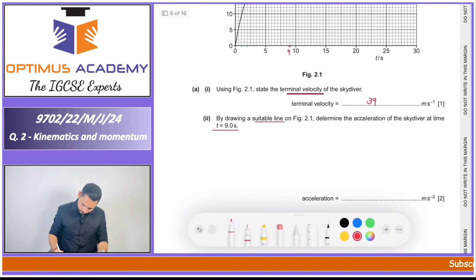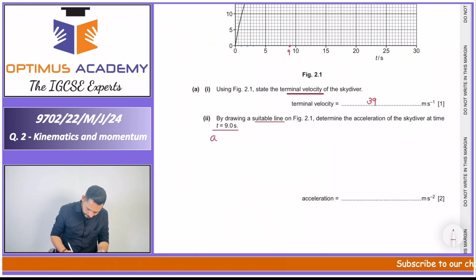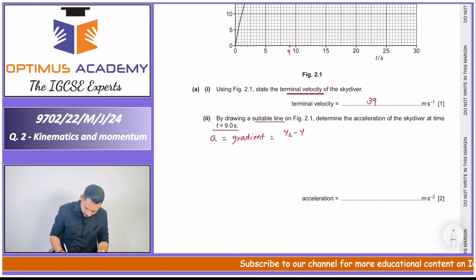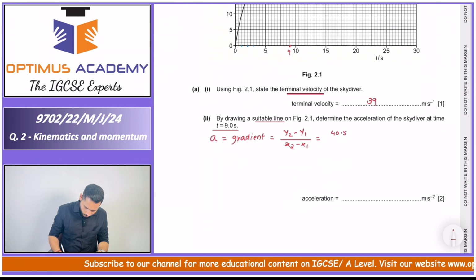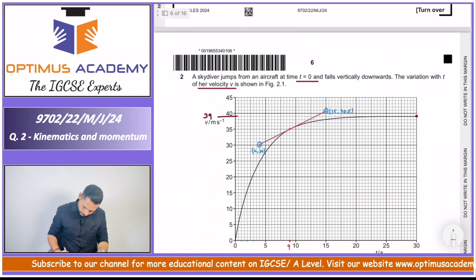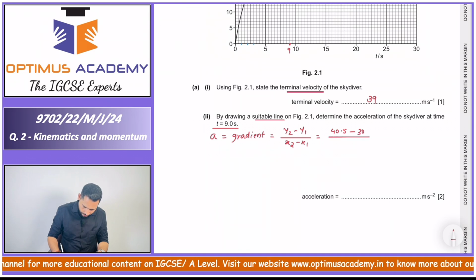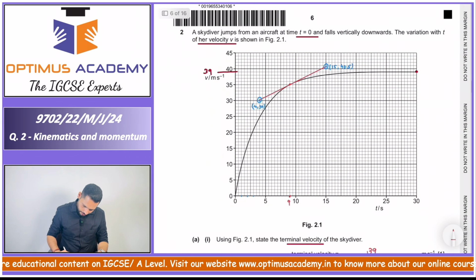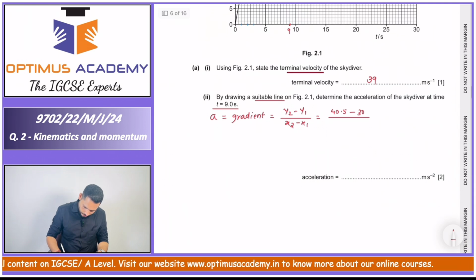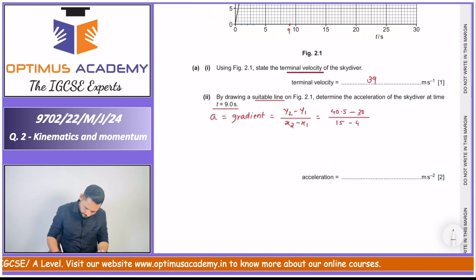So, the acceleration is equal to the gradient, that will be y2 minus y1 upon x2 minus x1. So, it will be 40.5 minus 30 divided by 15 minus 4.